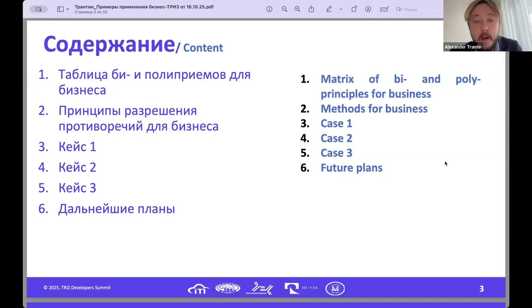We use bipolar principles matrices to address and solve problems offered by teams. These are the cases that we considered during small TRIZ sessions. We sometimes organize TRIZ sessions in accordance with roadmaps based on the life cycle.